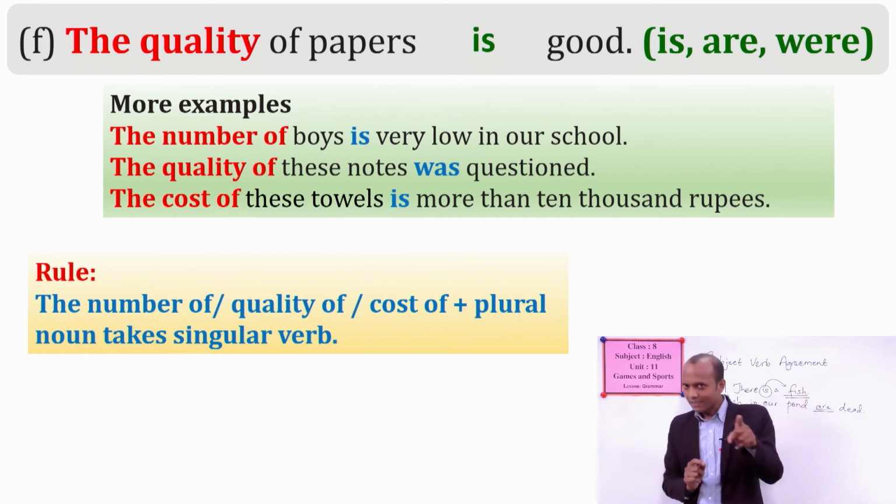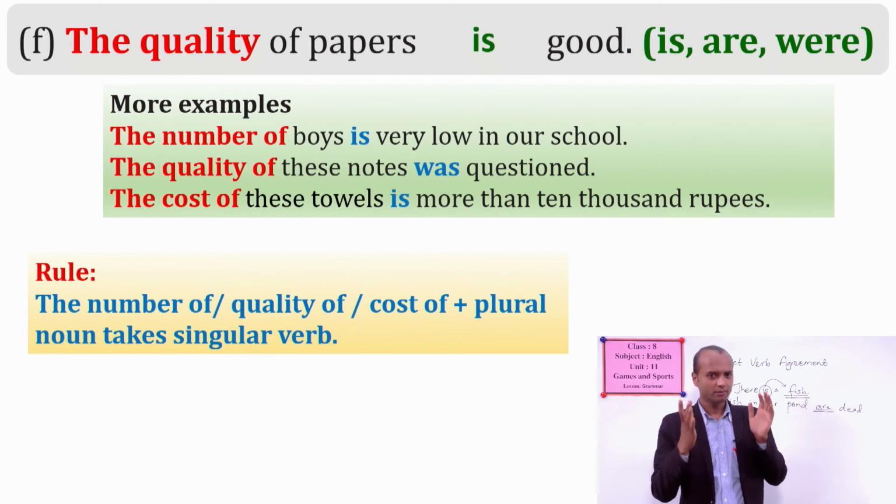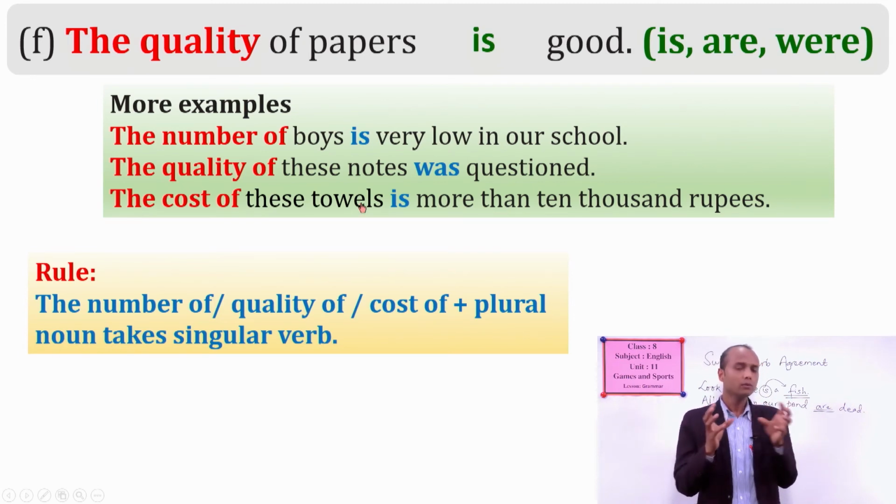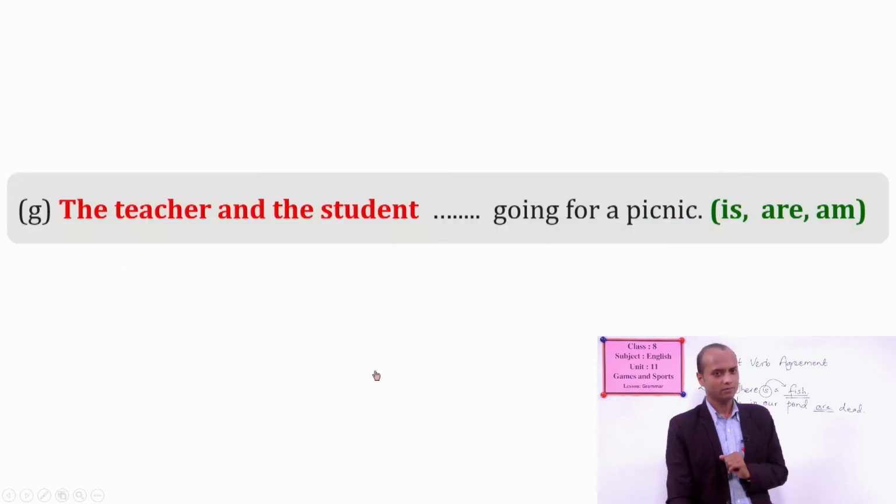The rule is there, you can see. The number of, the quality of, the cost of, plus a plural noun. Boys, notes, towels, etc. These are all plural nouns. Though they are plural, the qualifying nouns number, quality, cost are singular. That's why we have to supply a singular verb.